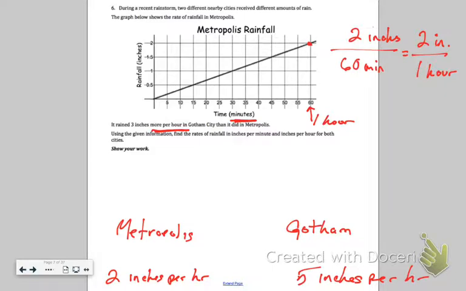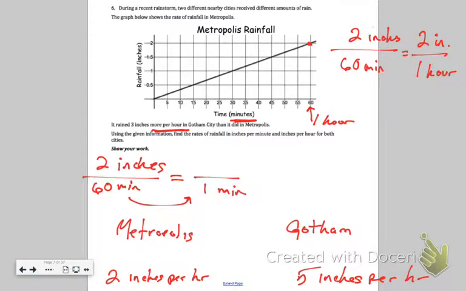Now I'm also asked to figure out the inches per minute. If I go back to Metropolis, I know it was 2 inches in 1 hour, but that's the same as saying 2 inches in 60 minutes. What I want you guys to do is figure out how to scale this down to 1 minute, and figure out what the numerator would be. Same for Gotham.